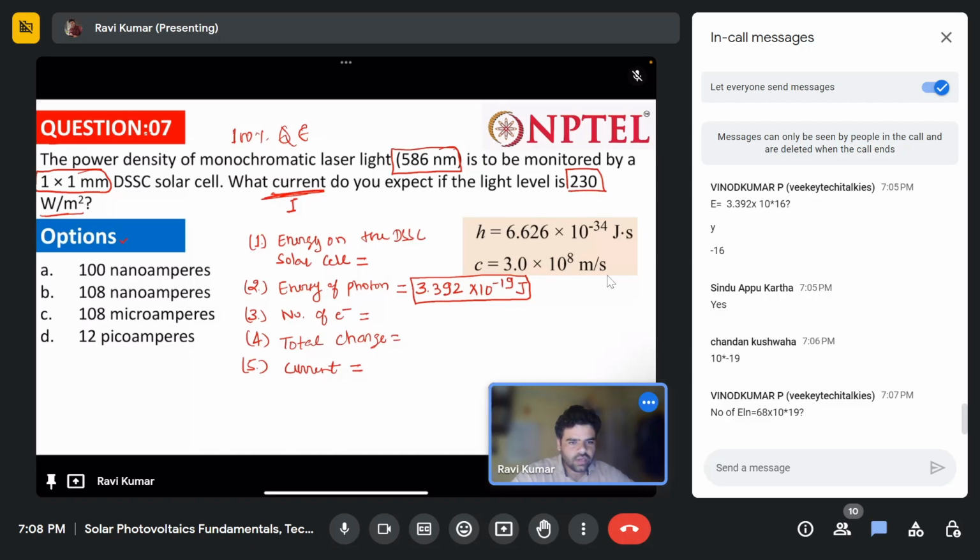Number of electrons, 68 into 10 raised to the power 19. I need to check.